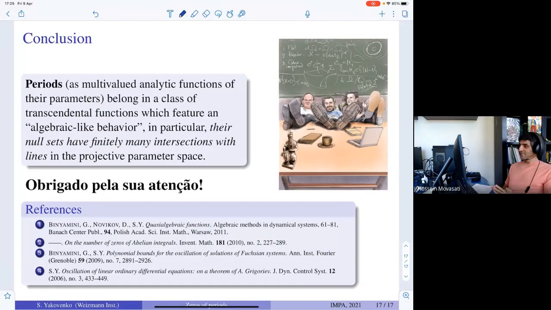What we proved is that periods form a special class of analytic functions, which, despite being transcendental, exhibit certain polynomial or rational type behavior. They admit counting zeros, in the way the zeros of multivalued functions could be counted. So there is sort of a Bezout theorem. You can consider this as an extension of algebra to some transcendental functions, in which you still have something like a Bezout theorem.